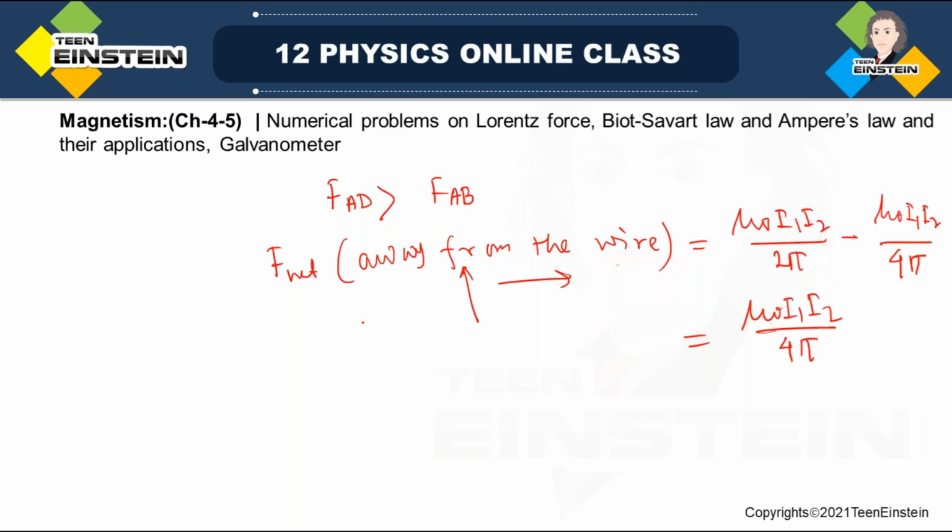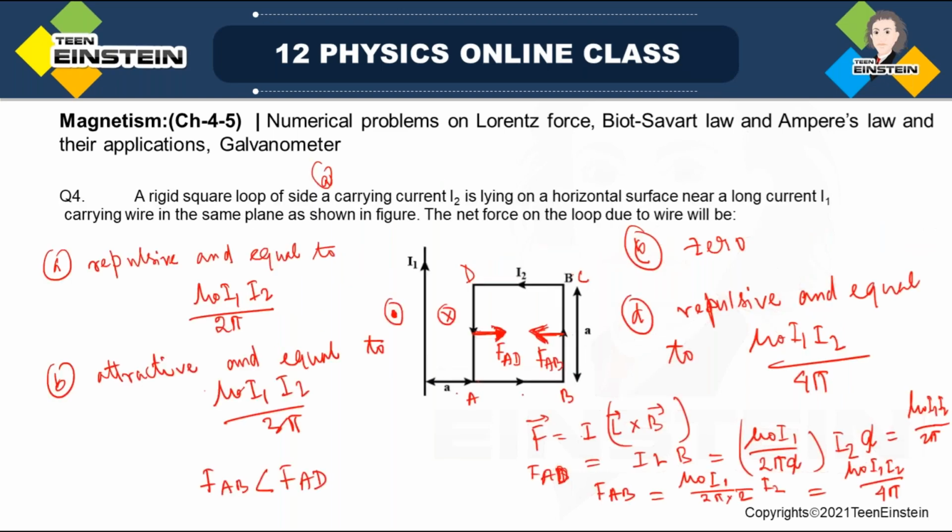Anyway, now we have another two sides, CD and AB. Whether they will experience force? Obviously, they will experience it. But look, each point on this wire corresponds to a point on the other wire, which means they are at equal distance from the current carrying wire.